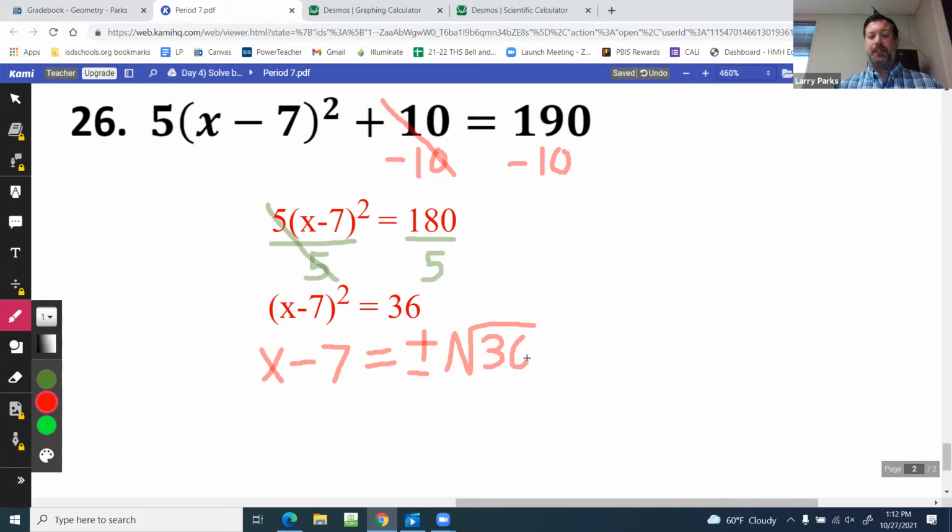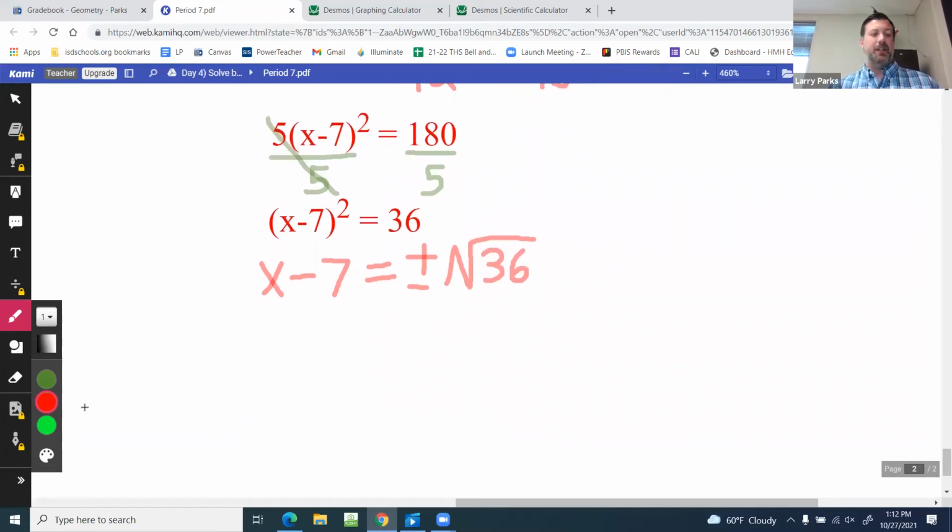Now, if you get a number that's not a perfect square, depending on your teacher, you could either reduce it, breaking it into perfect squares and simplifying that way, or sometimes your teacher is okay with decimals. I prefer you try to simplify that radical, but if you have to use decimals, that's fine. If you take college algebra after this, they will not be okay with that. Let's leave this alone for now. Square root of 36 is 6.